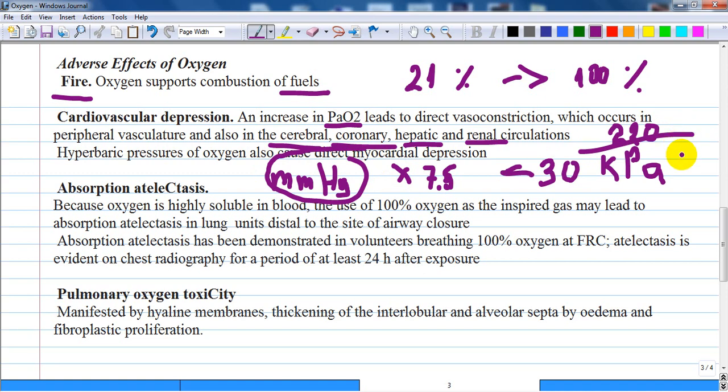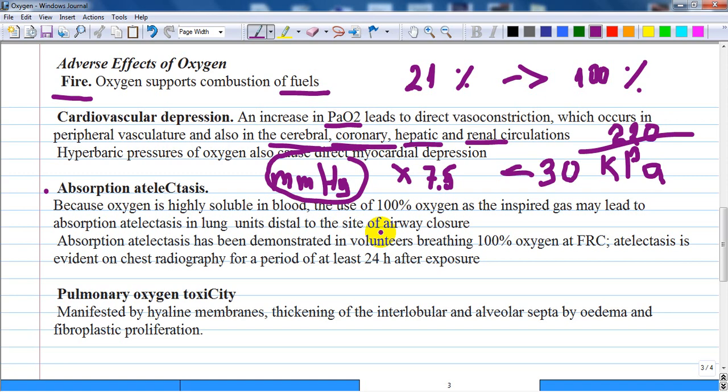Hyperbaric pressures of oxygen also cause direct myocardial depression. Does it affect the lungs? Yes, absorption atelectasis. Because oxygen is highly soluble in blood, the use of 100% oxygen as the inspired gas may lead to absorption atelectasis in lung units distal to the site of airway closure.